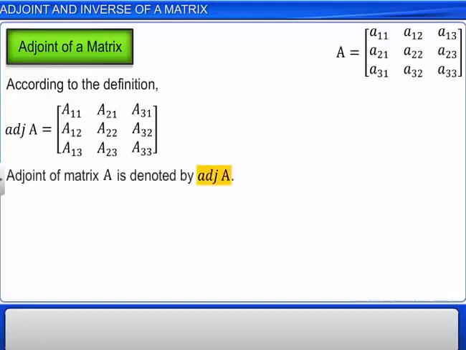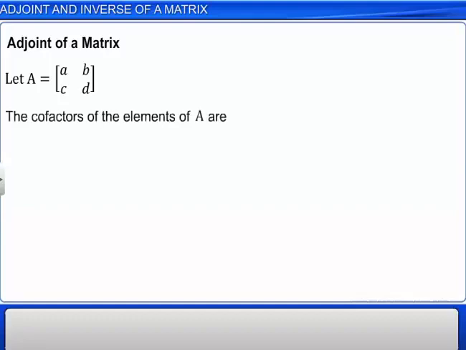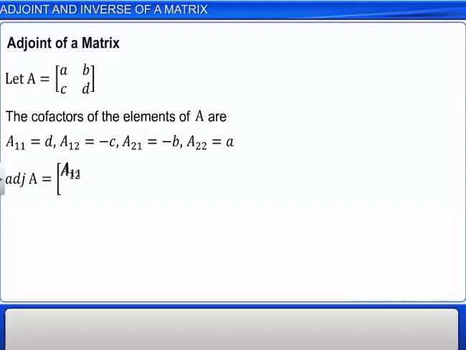Now, let us see how we find the adjoint of a 2x2 square matrix shown here. First, we find the cofactors of the elements of matrix A, which are as shown. Now, as per the definition, the transpose of the matrix obtained by replacing the elements of a square matrix by the corresponding cofactors is the adjoint of that matrix.